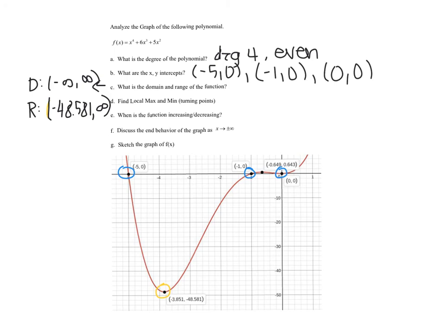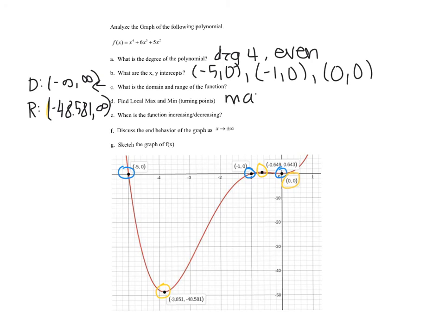So next we want to find all local max and min. So we want to find our turning points. We've already labeled one of them, and then we have a second one up here, and we actually have a third one at the point 0, 0. So only one of these turning points is a max.